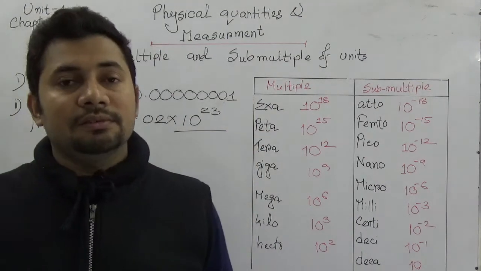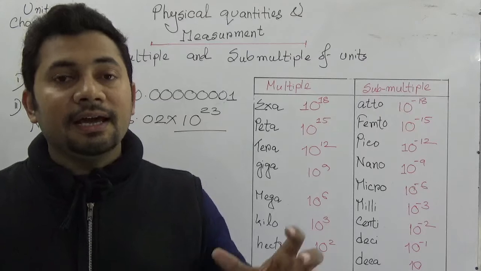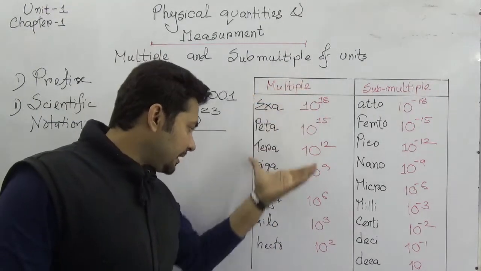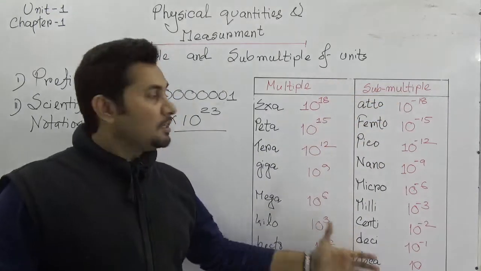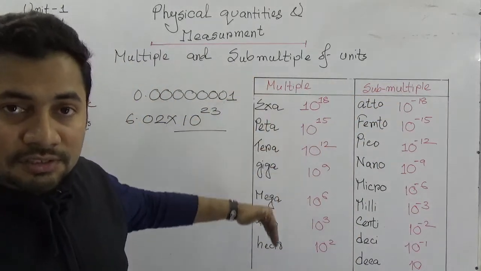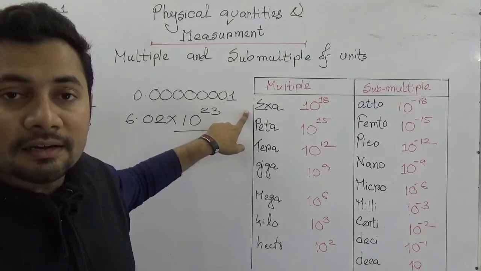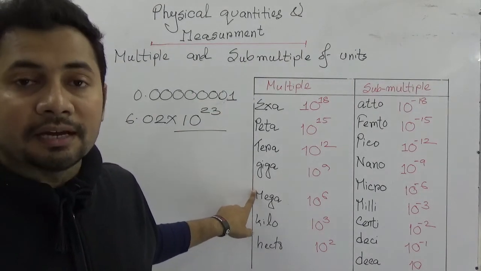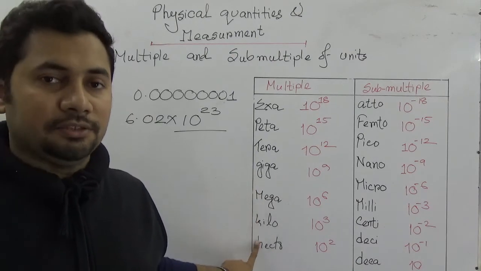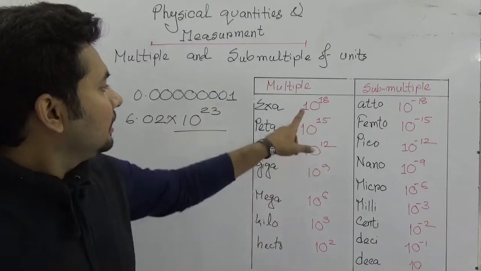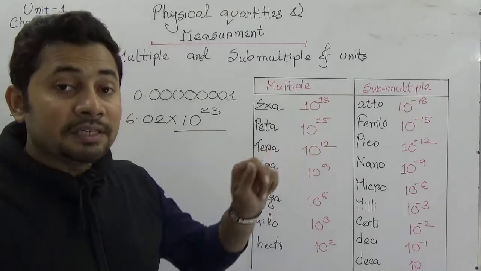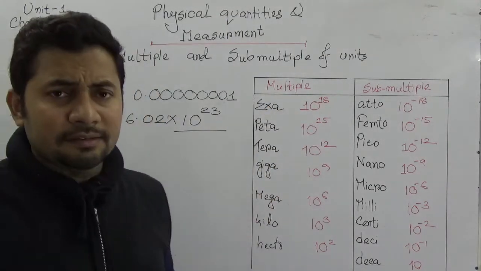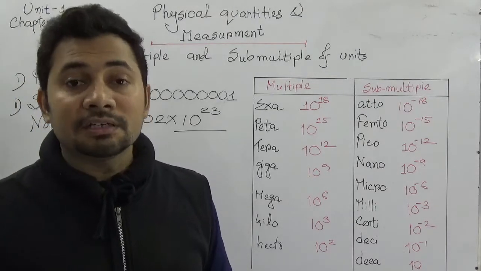First, we need to memorize these words, and chronologically I have written them from the biggest one to the lowest one. If we look downwards: exa, peta, tera, giga, mega, kilo, hecto. How does it work? Like 10 to the power 18. Take giga: we are very familiar with the word GB.